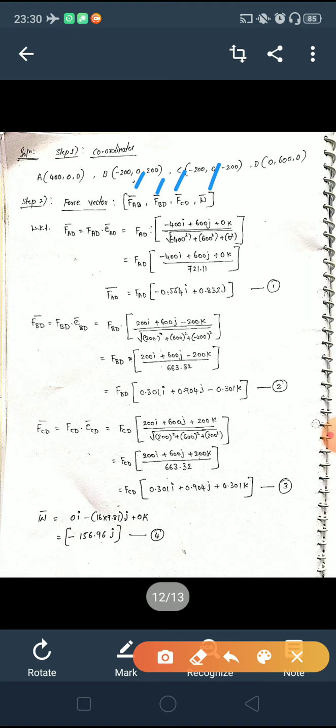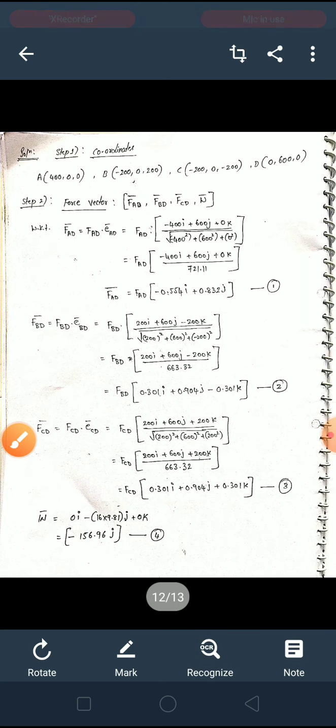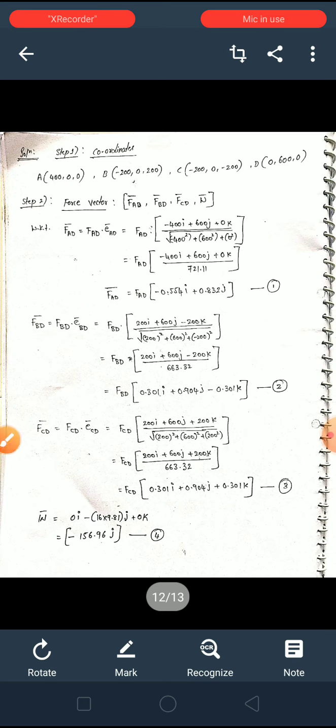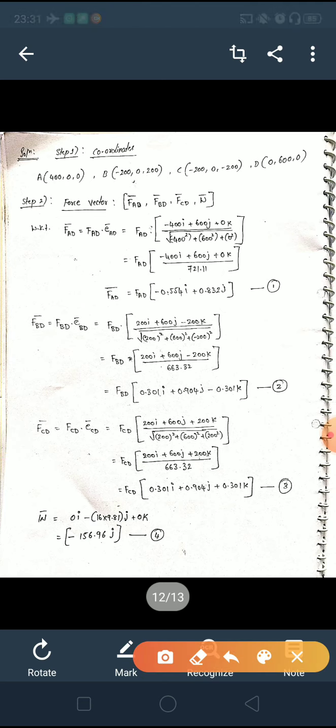Okay, let's go, first one is force AD, that is force vector AD. Force vector AD is equal to force AD into unit vector AD, correct? So AD, that means you need to consider A and D coordinates. So A and D coordinates, that is this one and this one.